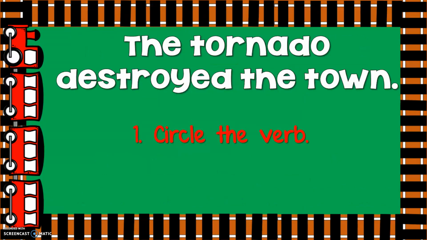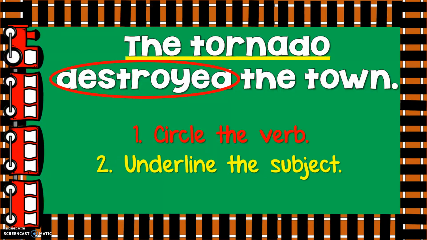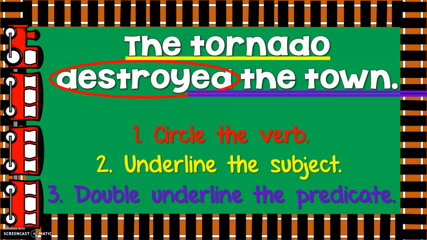Next sentence. The tornado destroyed the town. Verb, subject, double underline your predicate. You have 10 seconds. All right, here we go. Verb, subject, predicate.